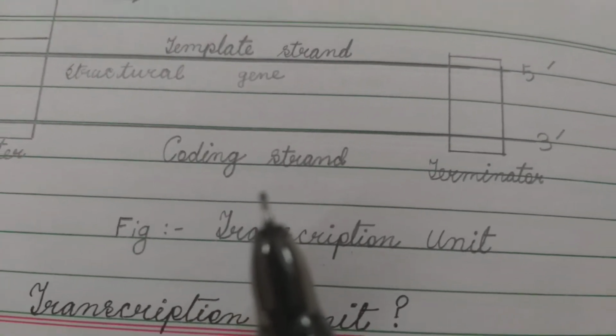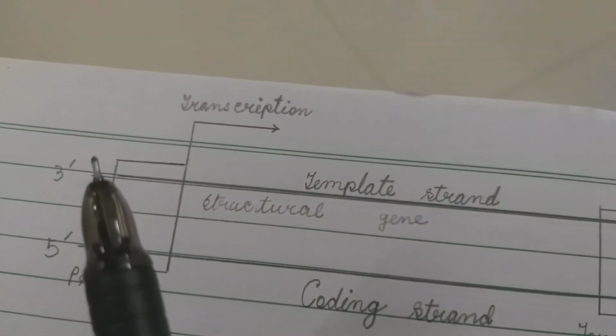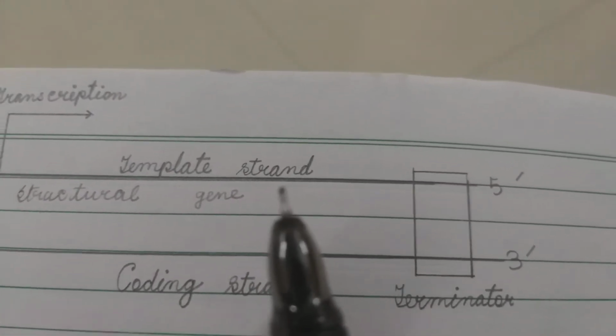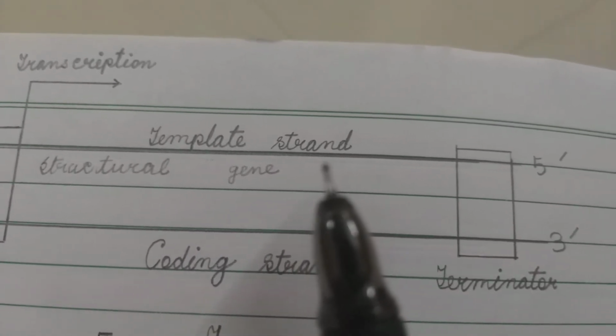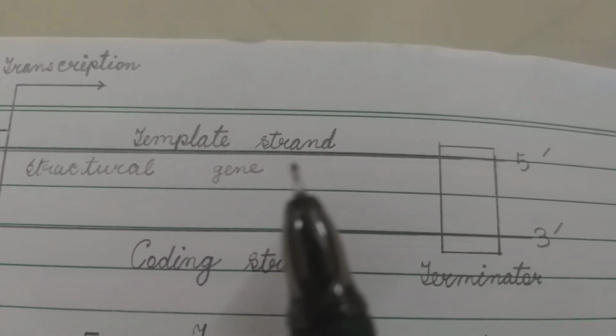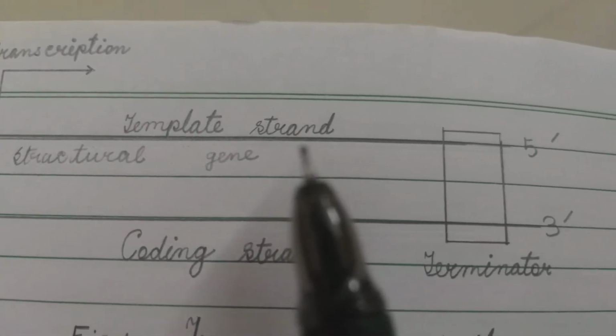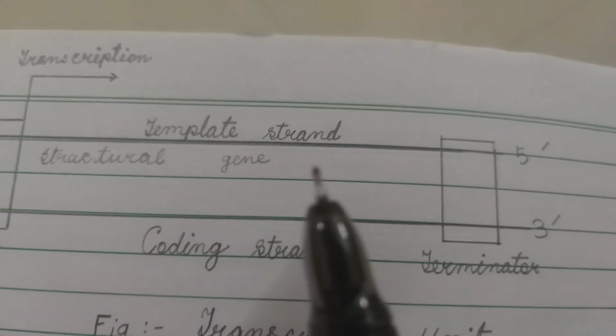It is called the coding strand, but it does not code for anything. The 3' to 5' DNA strand is called the template strand. It serves as a template for the polymerization of messenger RNA.